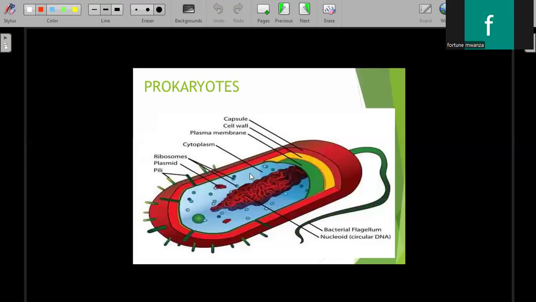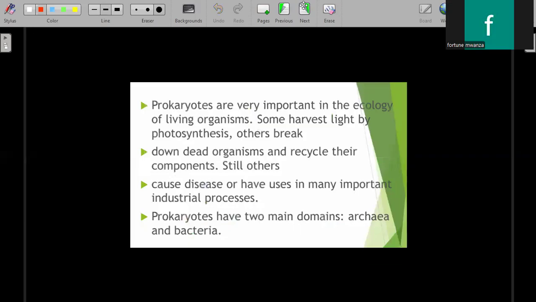You are also going to have small organelles inside, the ribosomes. Then the sex organs for prokaryotes are called pili. Those are the ones bacteria use for sex. For movement, they use a flagellum. So those are some of the parts you are going to find in a bacteria cell or prokaryote.